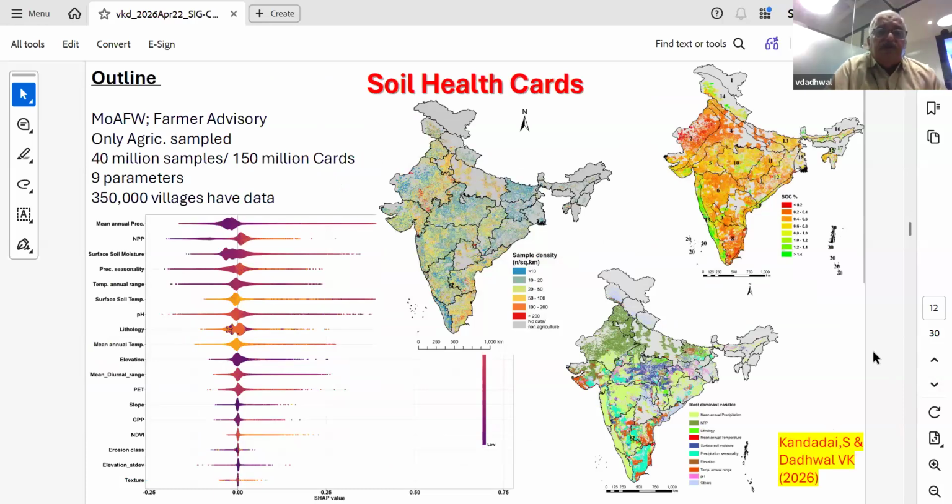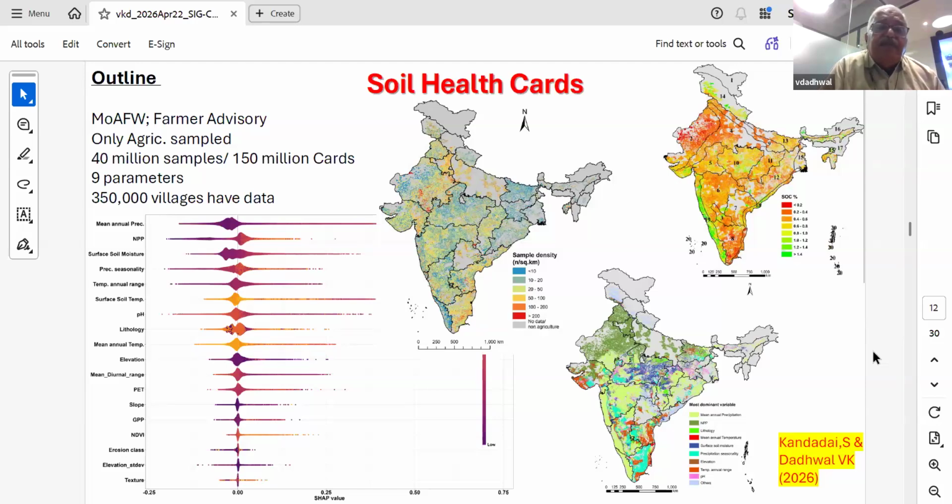Now let us come to the soil. You may be aware India has one of the world's largest soil monitoring programs, which is called Soil Health Card. Since 2015, every year, many villages are visited. So this soil health card data is truly big data. In this study, some 40 million geolocated soil health cards are averaged over villages.